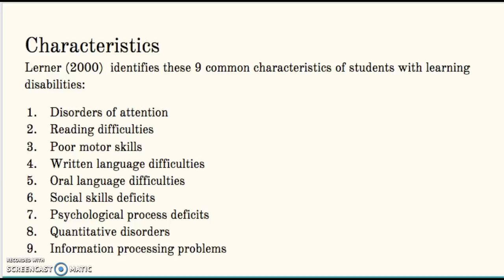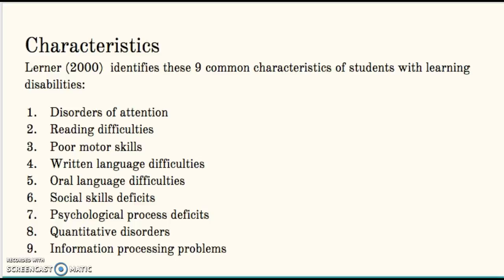Characteristics: like I said, students with learning disabilities don't typically look different from their non-disabled peers. But here are some common characteristics. Disorder of attention, so they lack the focus.